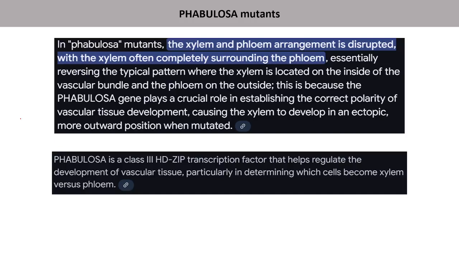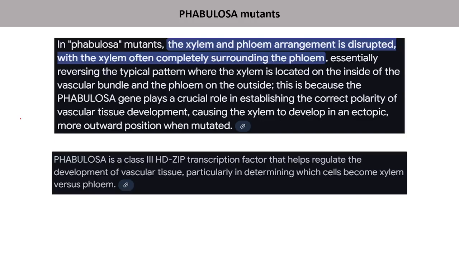This happens because the fabulosa gene plays a very critical role in causing the polarity and arrangement of the vascular developmental tissues, and their movement towards outside and inside. So when these movements and developments are impaired, the exact opposite happens of what happens in the normal plant.